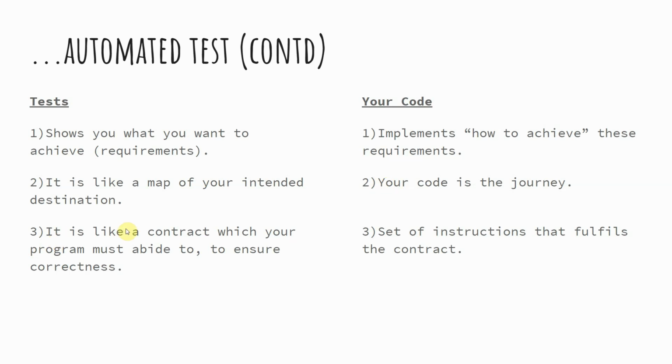Also, a test is like a contract which your program must abide by to ensure correctness. Your code is the set of instructions that fulfills this contract. So the whole idea of testing, if it's a bit misleading or confusing for you, just imagine a test to be your requirements document, a list of requirements your software is going to pass to make sure that you have completed the intended vision of your project.